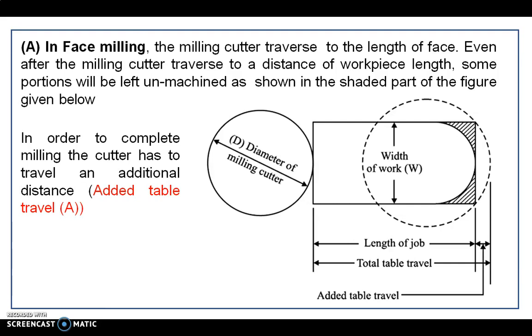Only when the milling cutter completely covers the workpiece can the machining be completed. So the milling cutter or the table has to travel an extra distance, which is called added table travel.